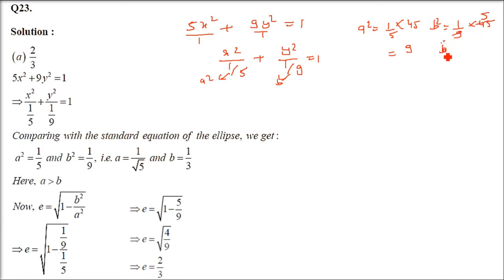You can see that 9 is greater than 5, so a square is greater than b square. A is greater than b. So you put 1 minus b square by a square, that is 1 minus 1 by 9 by 1 by 5, that is 1 minus 5 by 9. So this will be 9 minus 5 by 9, 4 by 9. So it will be 2 by 3.